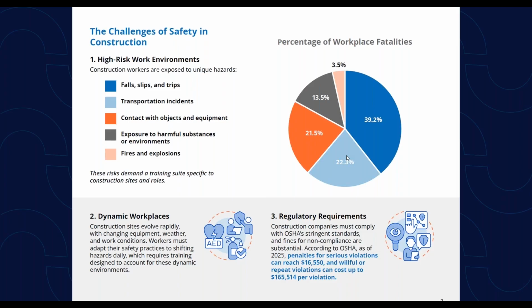But at the end of the day, OSHA, as we see here, some of the stats. As of 2025, penalties for serious violations can reach $16,550 just for a single violation. But if there's willful or repeat violations found, they can cost up to 10 times that, $165,514 per violation. So $165,000.